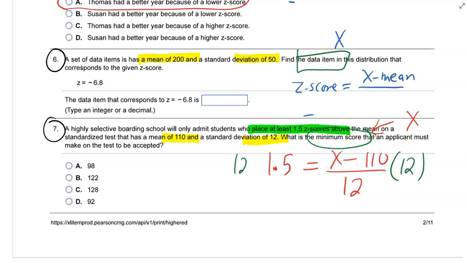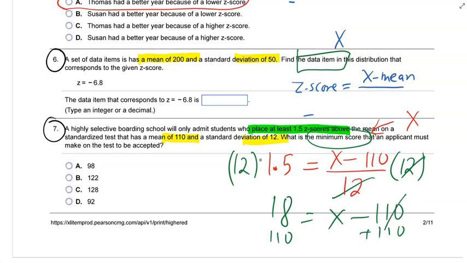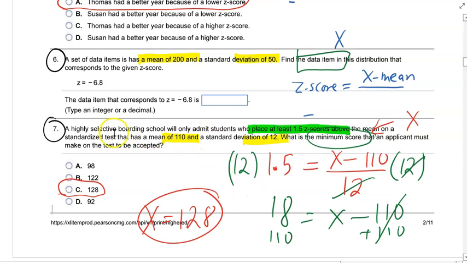Multiply by 12, and 12 times 1.5 is 18, equals X minus 110. You add 110, and you get X equals 128. Therefore, students should get at least a 128 score to get admission to that highly selective boarding school.